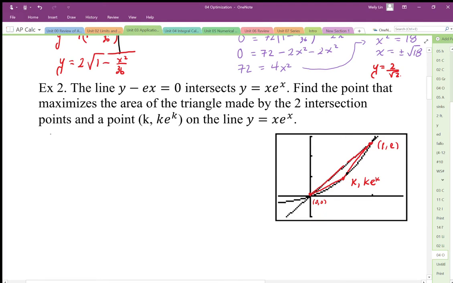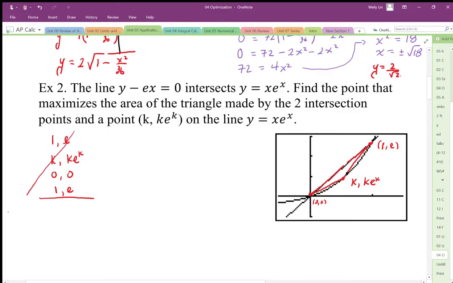The way it works is this: we're going to list all our coordinates, 1, e, and we'll do it in clockwise order, k e to the k, and then 0, 0, and then we're going to repeat that coordinate here, and we're going to do the right hand cross product subtracted from the left hand cross product. So I'm just going to start with this one here.